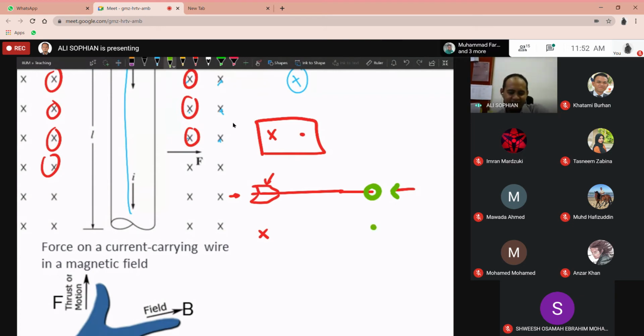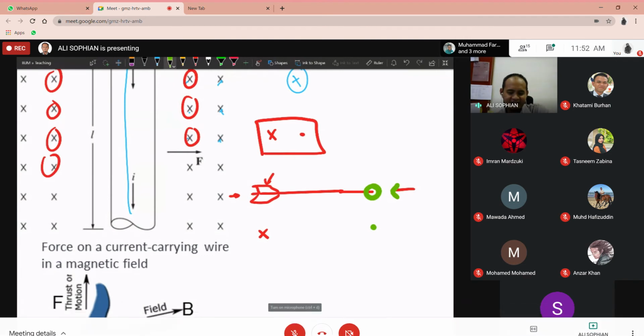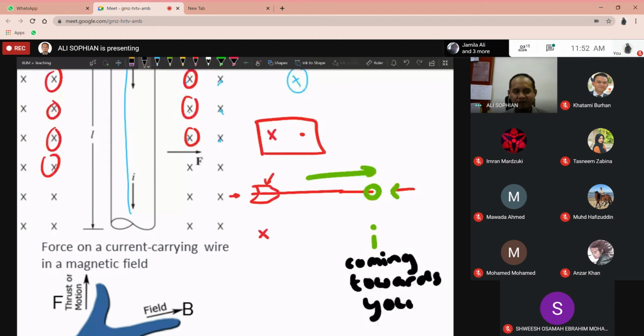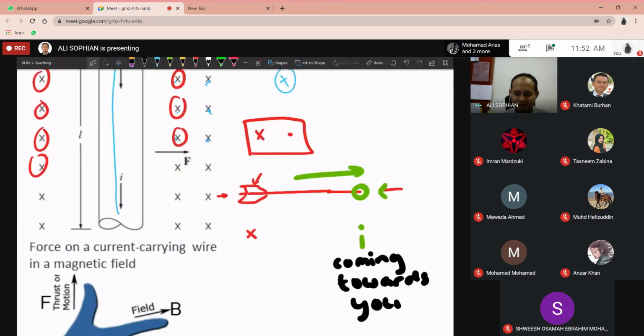Can you follow this? So a dot represents that it's coming towards you. The arrow normally goes in the direction, right? So a dot means it's coming towards you, out of the page, or out of the paper.